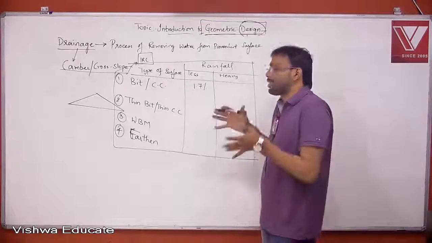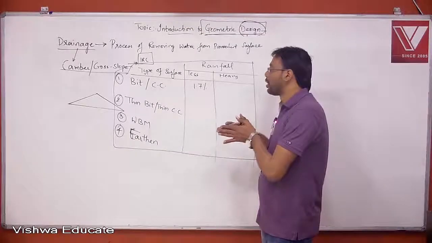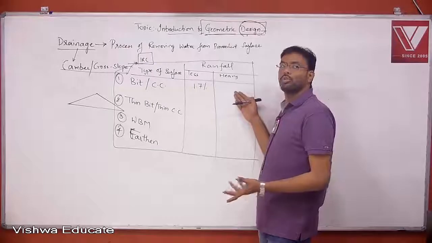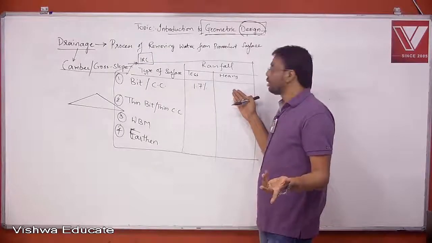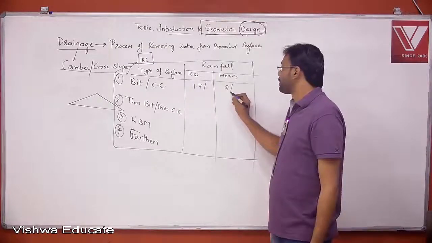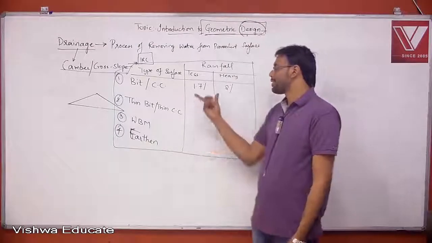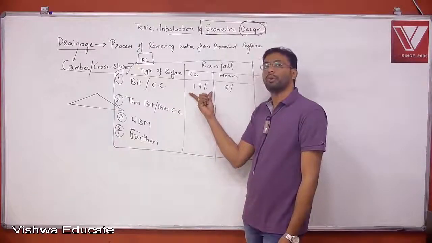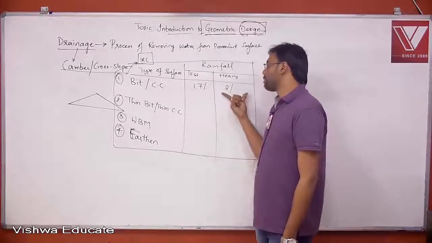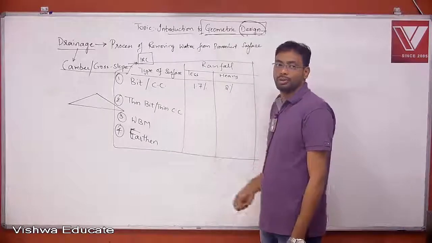Now, for the same bituminous or cement concrete road, now the rainfall is more. So the camber should be more. So it is 2%. So if the rainfall is less for a bituminous road, you go for 1.7%. If the rainfall is more, you go for 2% of camber.